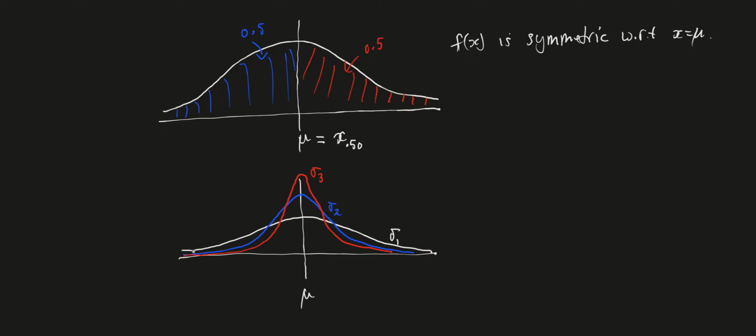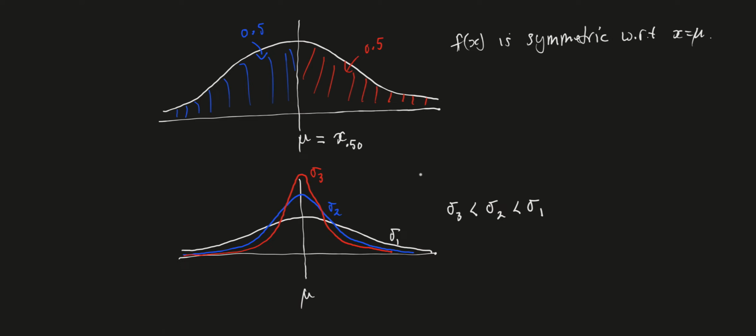So you have more area down here relative to the red and the blue ones. The smallest of the three standard deviations would have to be the red one. So sigma 3 would be less than sigma 2, and then less than sigma 1.